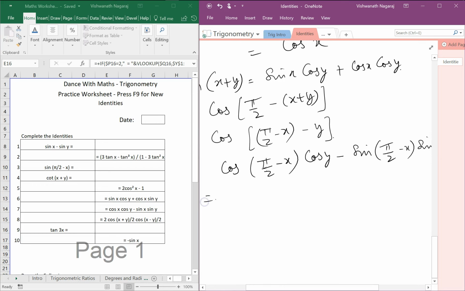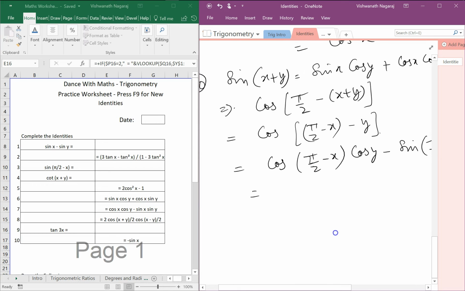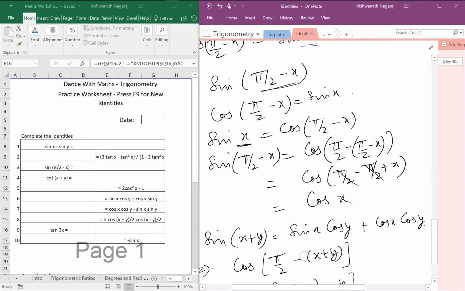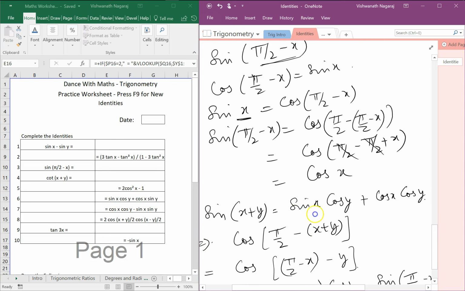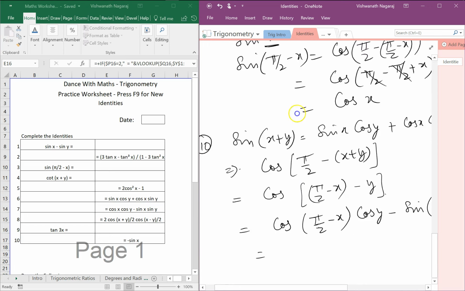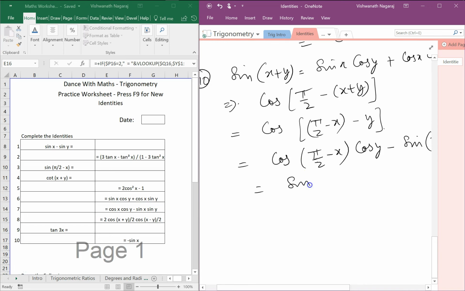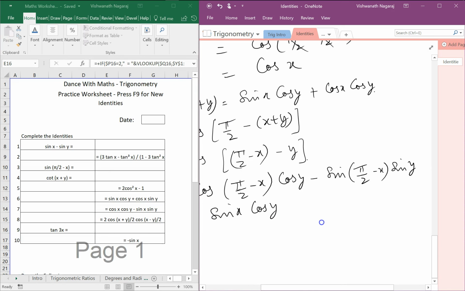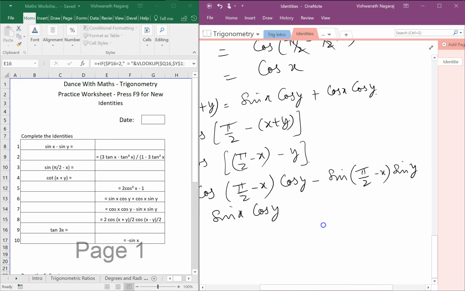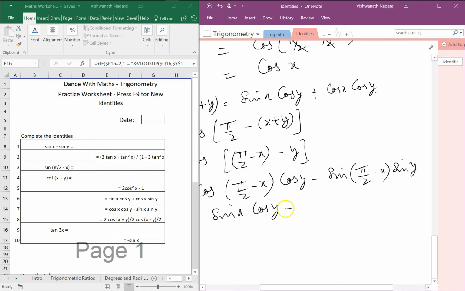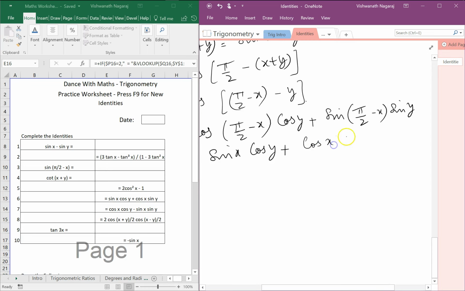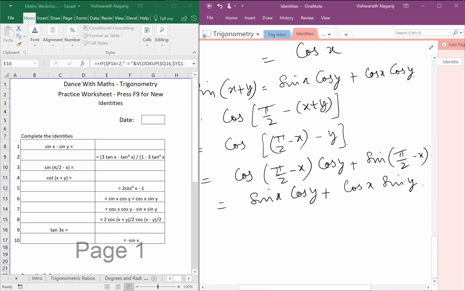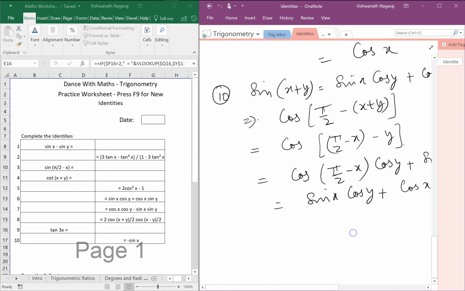Now this can be written as cos pi by 2 minus x is what? Just now we have proved cos pi by 2 minus x is sin x. Yes. So sin x cos y. Now sin pi by 2 minus x is what? Minus cos x sin y. Okay. So that's our identity.